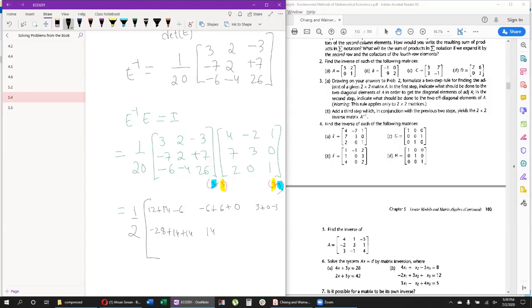So over here we have 14 plus 6 plus 0, minus 7 plus 0 plus 7.